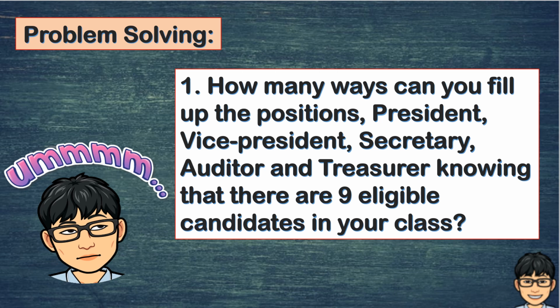So, anong gagawin natin? Pipili tayo ng 5 officer mula sa 9 na eligible candidates. Sa problem na ito, hindi mahalaga yung pagkakasunod-sunod ng mga officers. Ang mahalaga, yung mapunan yung 5 posisyon.